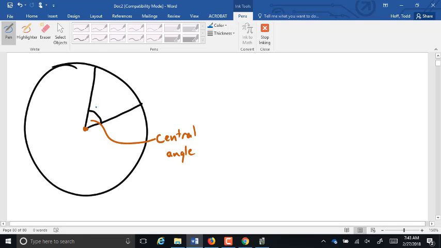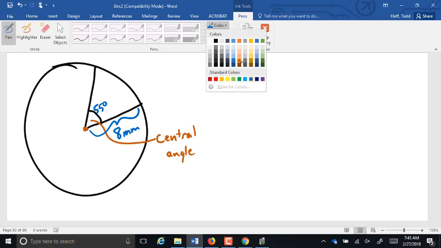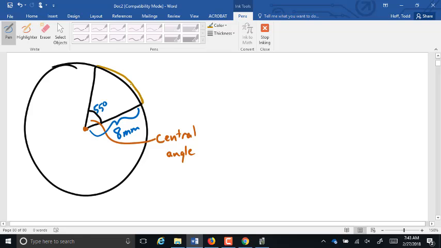So if that is a 55-degree angle, and I have a radius of 8 millimeters, the arc length is found as a fraction of the circumference of the circle.